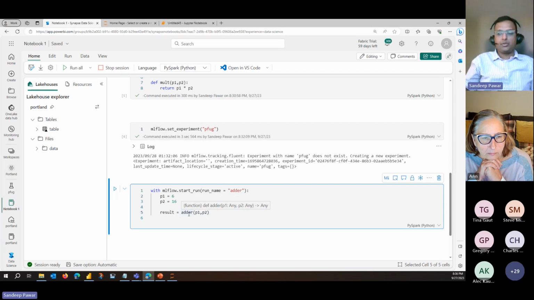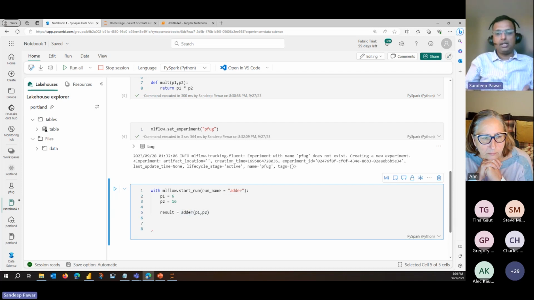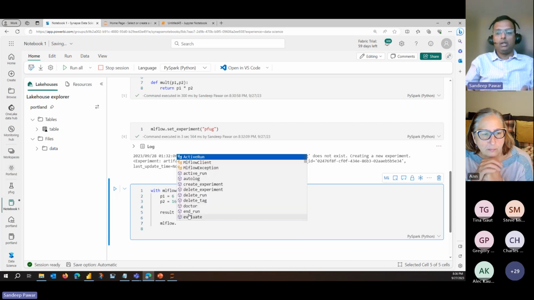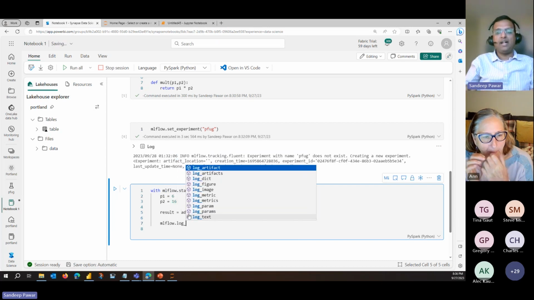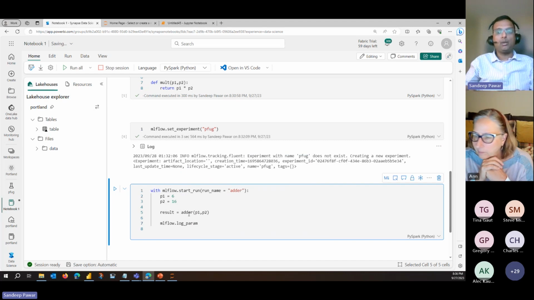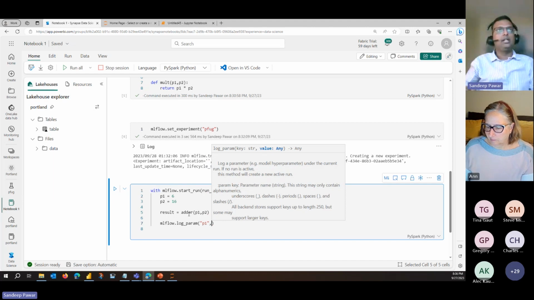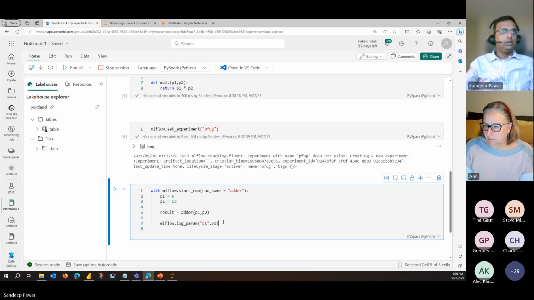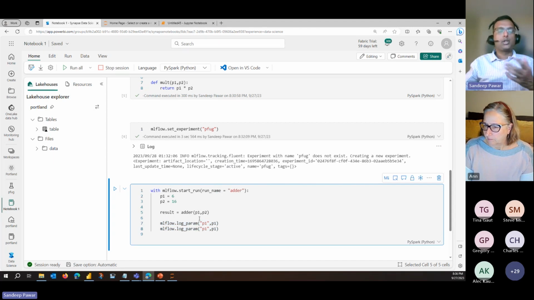But we need to take notes, right? So I'll say, okay, MLflow, let me log this value. I'll say mlflow.log_param, and my first parameter that I want to log is P1, because we need to make sure that we are able to reproduce this experiment later. Then P2.